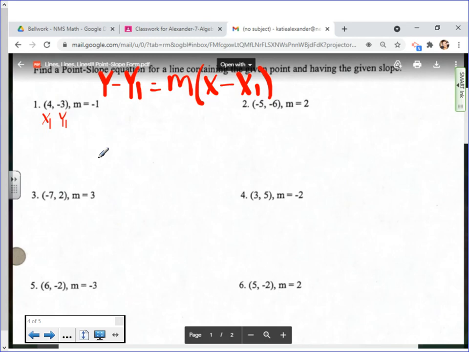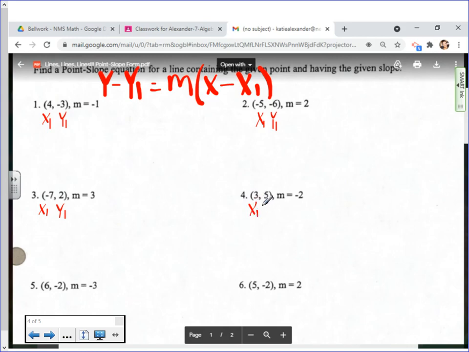I've done the same thing every single year when I teach 8th grade, and I still have to label it or I get confused. So this is your first time doing it. Make sure you're labeling it. I don't want you to get confused. Every single one on this paper, you can label x1, y1, x1, y1. It's the same thing every single time.